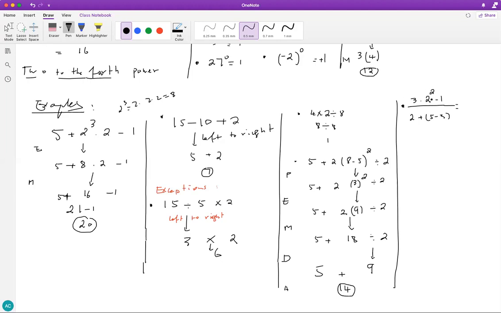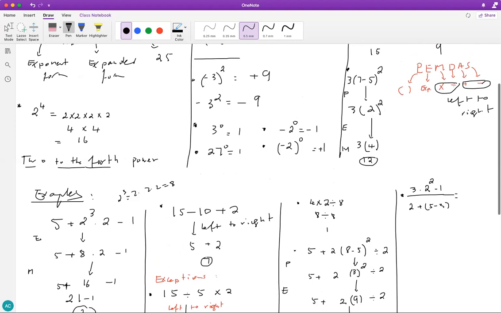So start with the first one here. So what do you do first? For the numerator, we're gonna do 2 times 2. That's right. For the numerator, the PEMDAS, so it's going to be the exponent first before the multiplication. So it'd be 3 times 4 minus 1. That's right. Then we go down to the denominator and start a new operation for the denominator itself, PEMDAS.